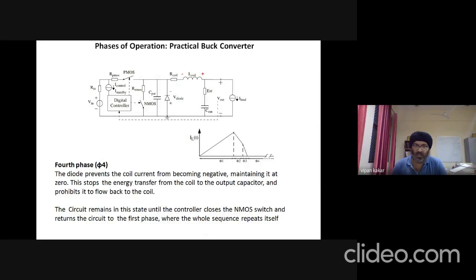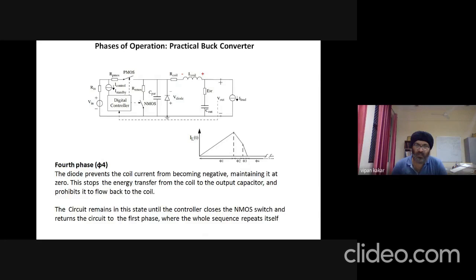So in phase 4, the controller will decide for how much time this circuit should remain in this state after phase 3.